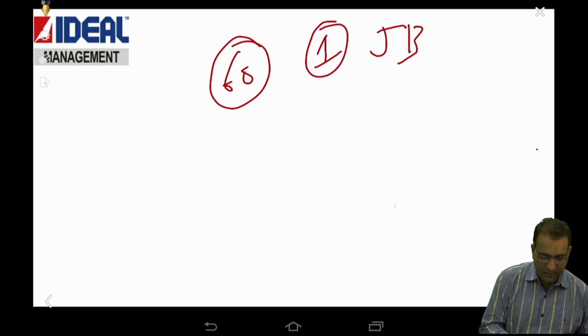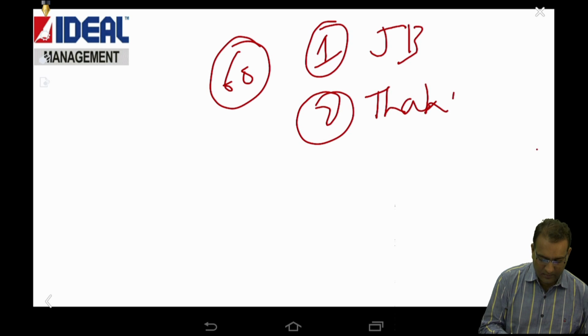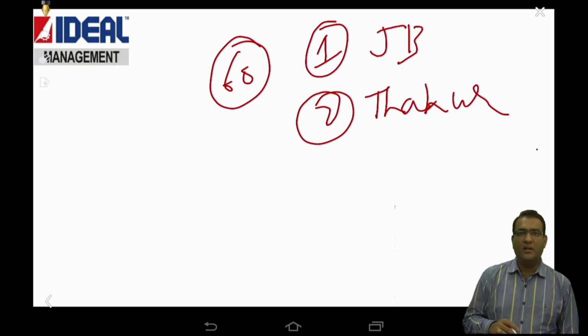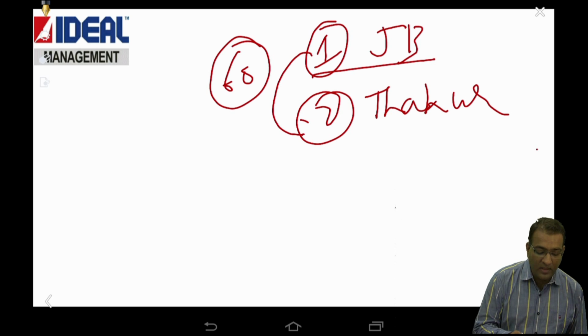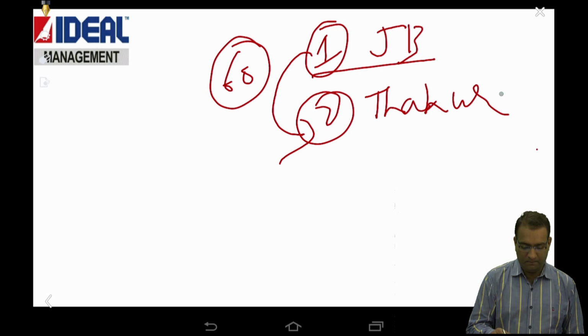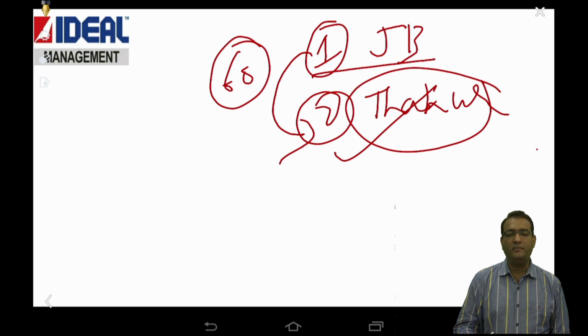What the person does is, the 60th person fills first option JBIMS and second option, let's say, Thakur. Now logically it should have been Sydenham and he would have got Sydenham, but no, he wants Thakur. That's what the system understands, that if he doesn't get JBIMS, for him the second option is Thakur. He says Thakur, give him Thakur. I hope this is clear.